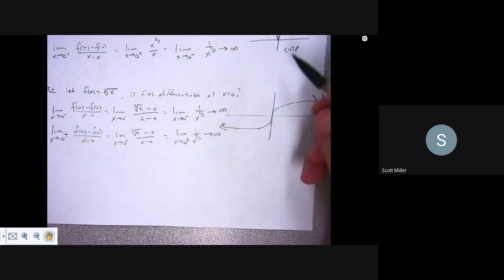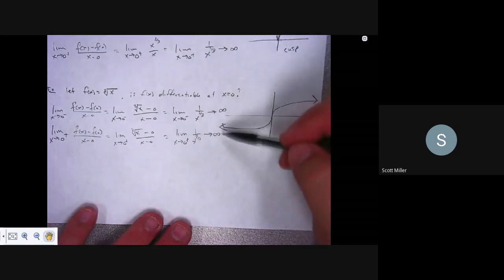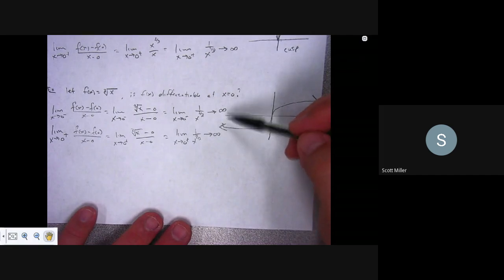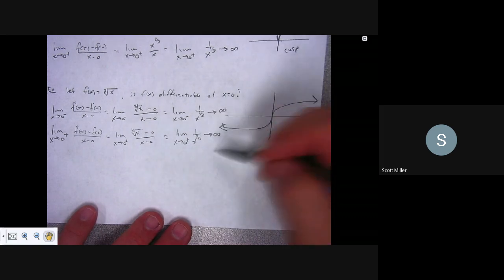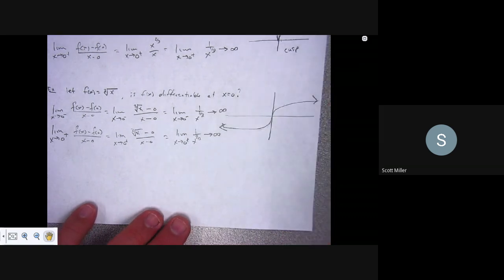And just like before, even though these agree, they don't agree on a value. This is not a value, this is just a concept. So they don't even exist again. And so again, f of x is not differentiable at 0. The limit has to exist, and these limits do not exist.